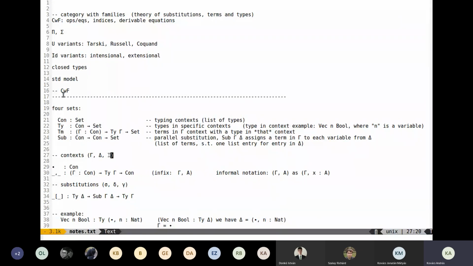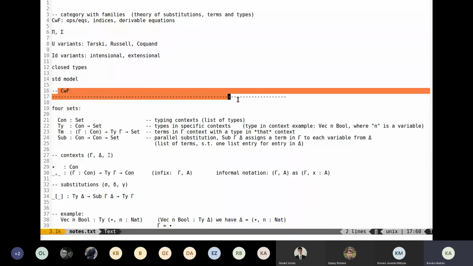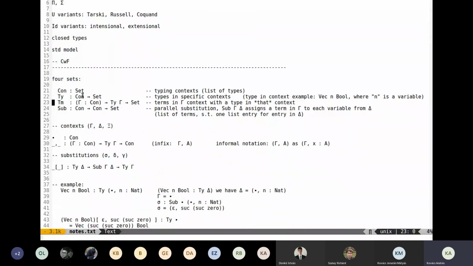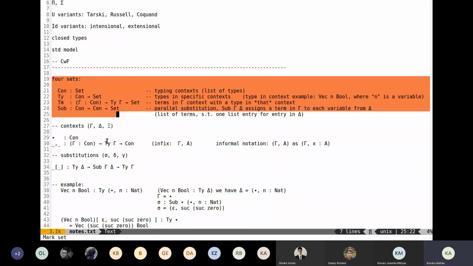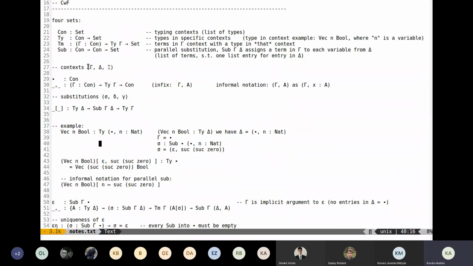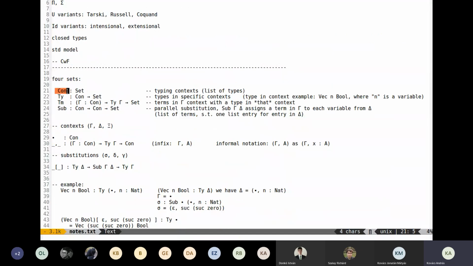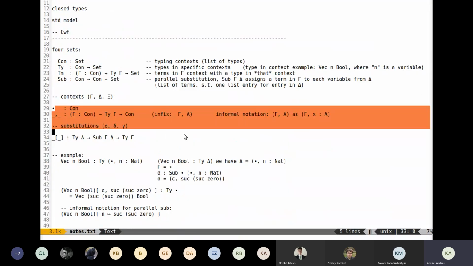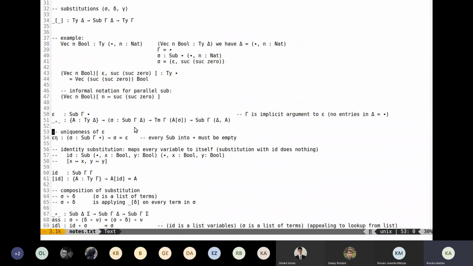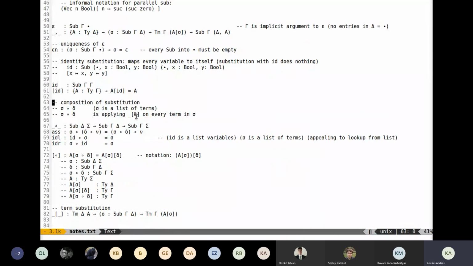Here we have this specification of what a CWF is, and a particular CWF is basically a big record such that everything is defined. So we have a Con, a Ty, a Tm, a Sub, and all of the operations have some particular definitions, and all of the equations have proofs. So all of the equations hold for the particular definitions.